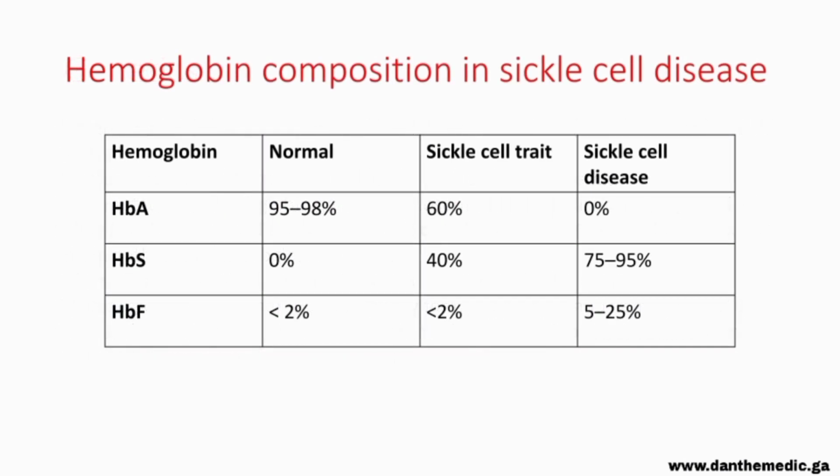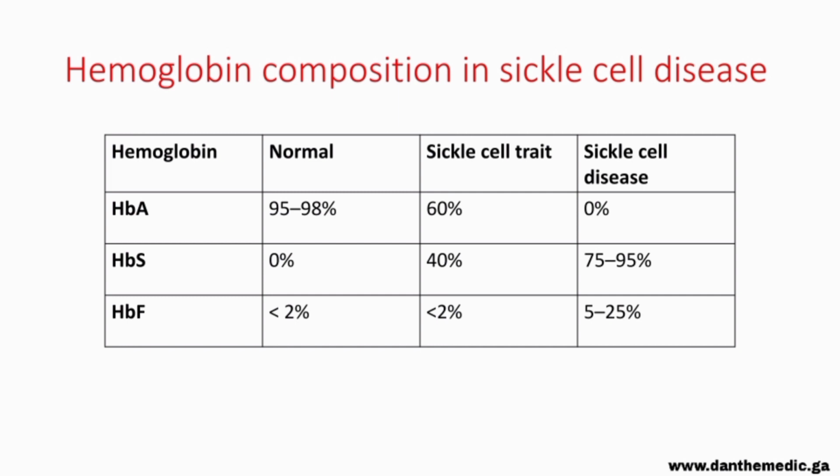So let's talk a little bit about the hemoglobin composition in sickle cell disease. We know that normal people have about 95 to 98% of adult hemoglobin. People that are carriers or have sickle cell trait have about 60% of adult hemoglobin, whilst people that have full-blown sickle cell disease, the homozygotes, have 0% of adult hemoglobin.